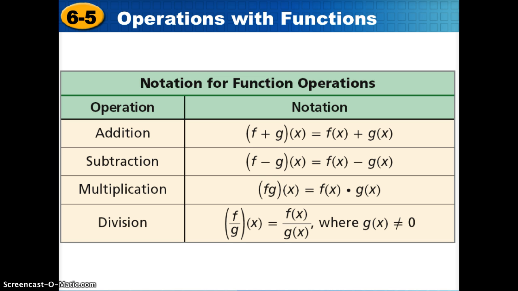So either one of those ways is appropriate to write. The new function that we create by multiplying though is the f times g of x. And when we want to create a new function through division, f over g of x, we're going to be able to find it by dividing f of x divided by g of x. And we just need to specify the excluded value. We can't have division by 0, so g of x is not allowed to be equal to 0.